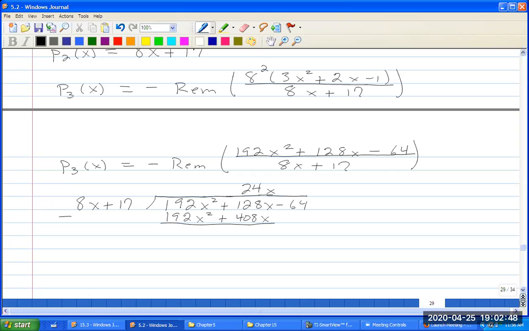So I get 128x minus 408x, which is a negative 280x. Drop down the 64. And so divide that by 8. So I get 35. So let's multiply that. So I get a negative 280x.